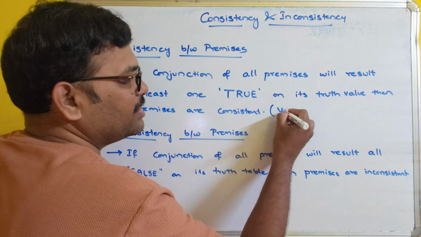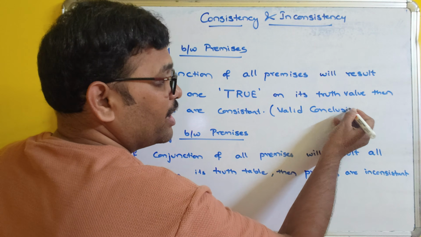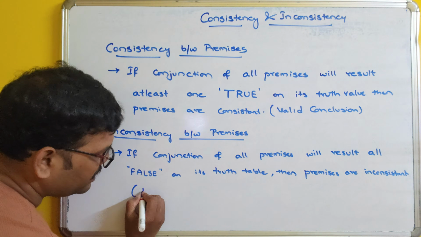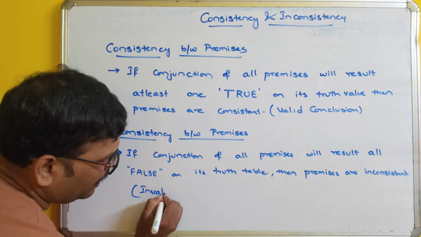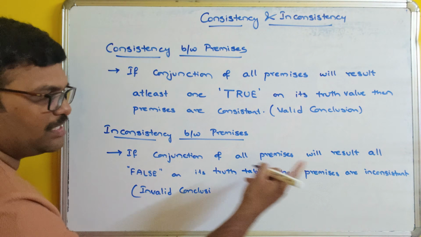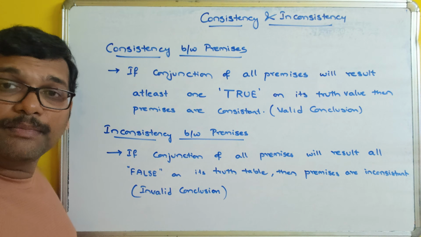So here, in the consistent case, it is nothing but a valid conclusion, so we can derive the conclusion from the given premises. But if there is an inconsistency between the premises, it is an invalid conclusion, and we can't derive the conclusion from the given premises.